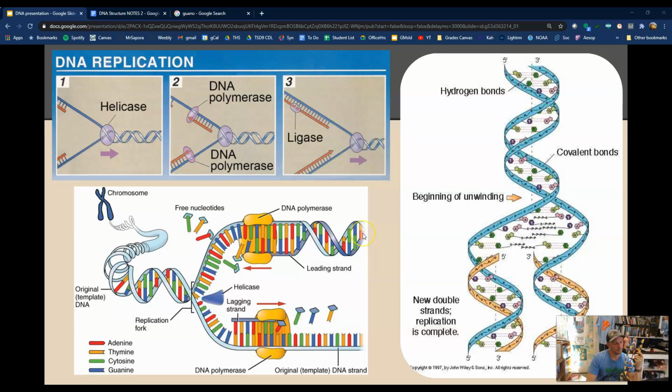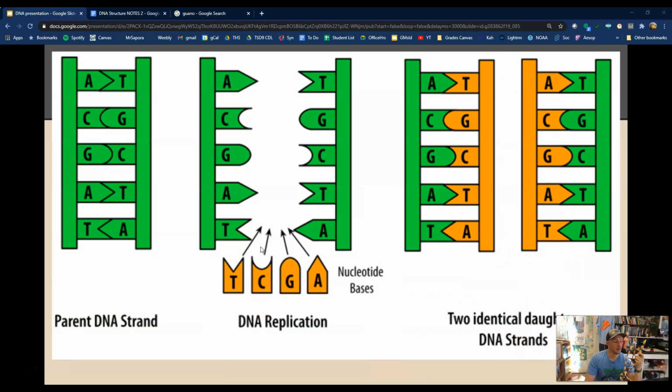Okay, so there you go. Here is a larger example of it here with the helicase going through and unzipping, the DNA polymerase going along and then matching up those new nucleotides along to the respective bases.